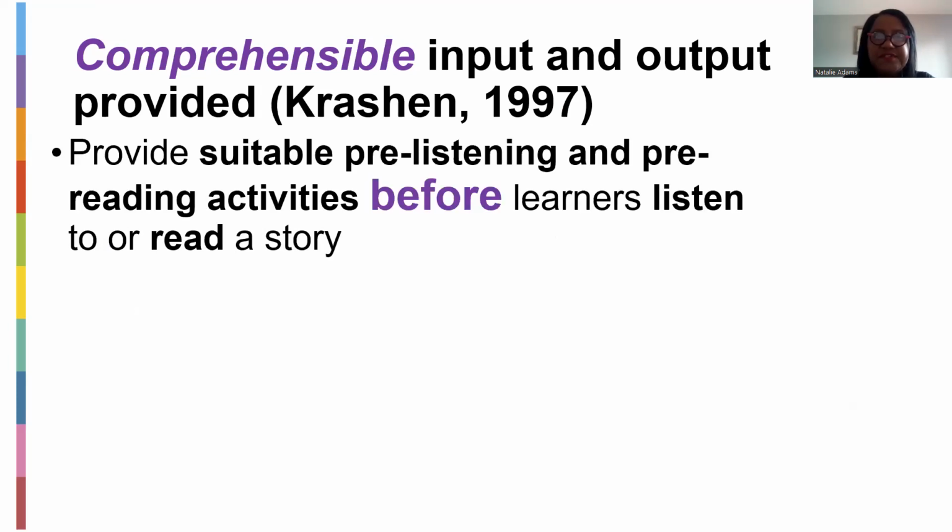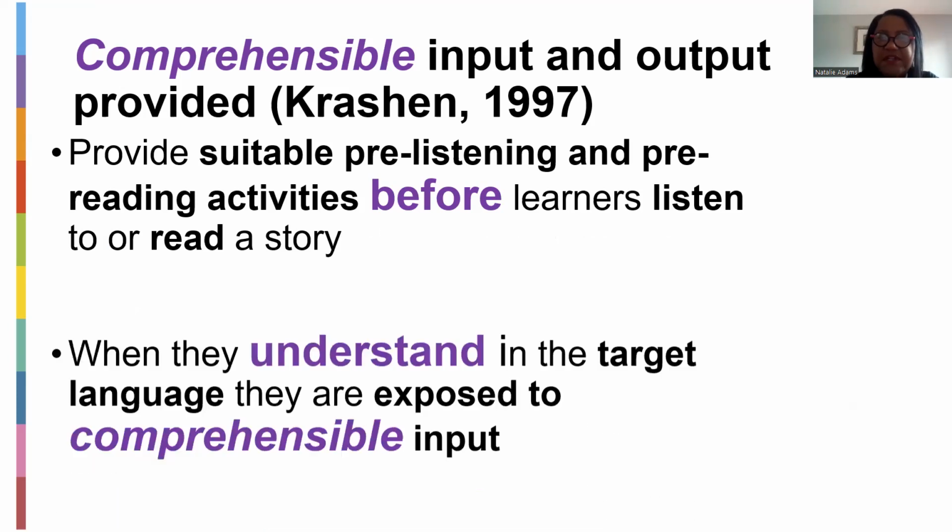So how do we do this? You need to provide suitable pre-reading and pre-listening activities before learners listen to or read a book or a story. You've heard the words about prior knowledge. That is what it actually means.